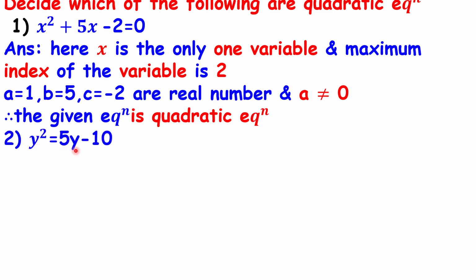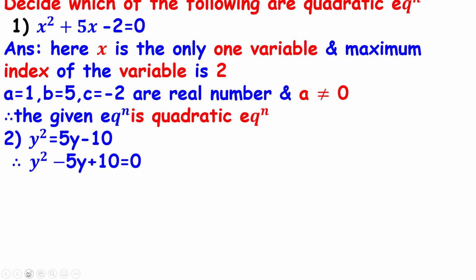y square is equal to 5y minus 10. First, we have to write the given equation in standard form. Therefore, transfer this 5y, plus 5y becomes minus 5y. Also, transfer this 10 to the other side. We will get y square minus 5y plus 10 equal to 0.